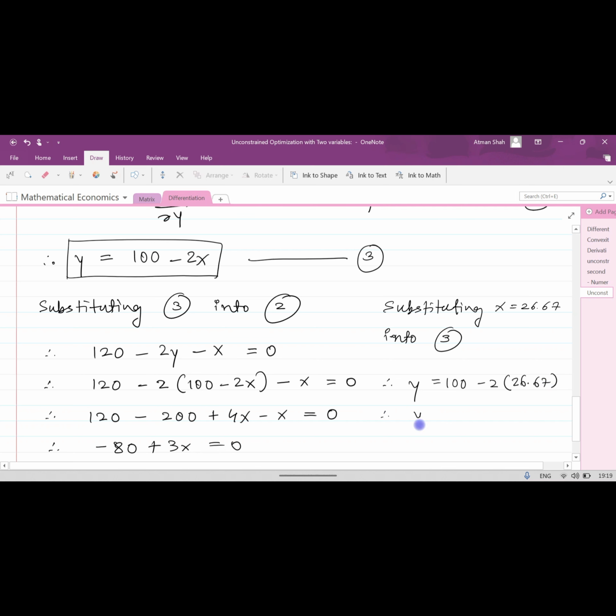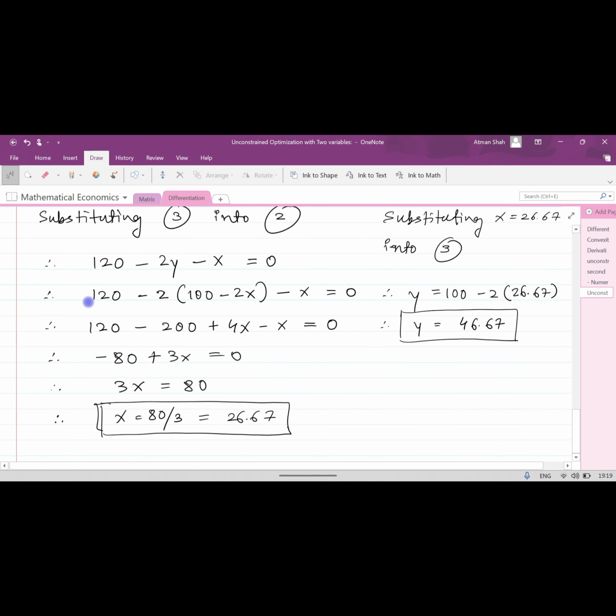So therefore y is equal to 46.67. This is the value of y. So now we have x and y both.